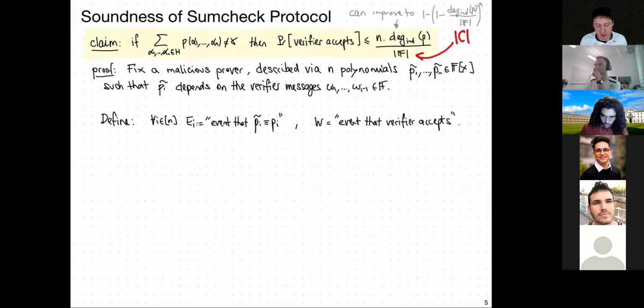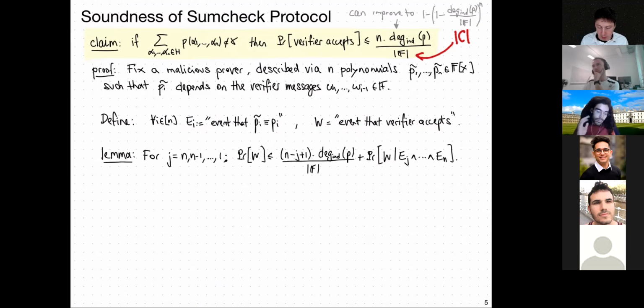So the event Ei denotes that the prover in that round sent the correct partial sum, even though sending the correct partial sum doesn't mean the verifier will accept. It just means syntactically it did send the correct partial sum. And W is the event that the verifier accepts. W stands for the prover wins.